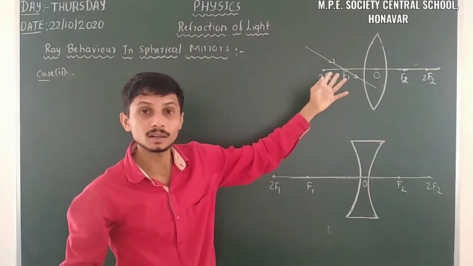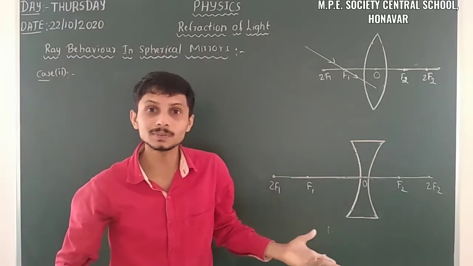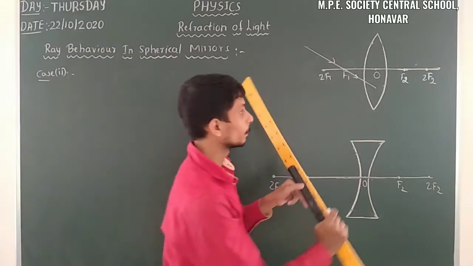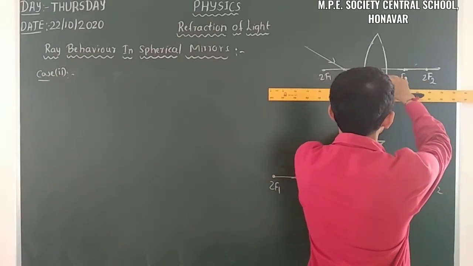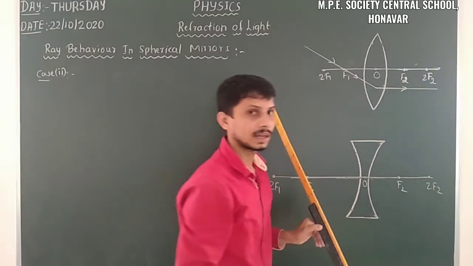Here, initially it is passing through the principal focus, so it is the vice versa condition: it emerges parallel to the principal axis.